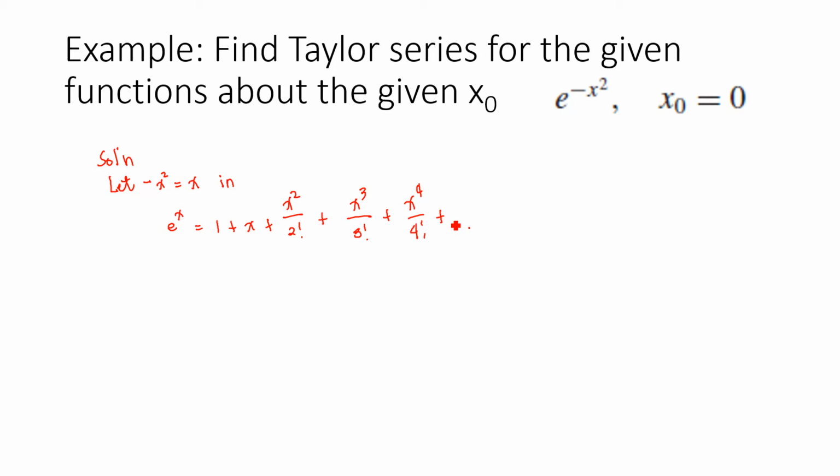If we substitute negative x squared for x, we obtain that e raised to negative x squared is equal to 1 minus x squared plus x to the fourth over 2 factorial minus x to the 6 over 3 factorial plus x to the 8 over 4 factorial minus so on.